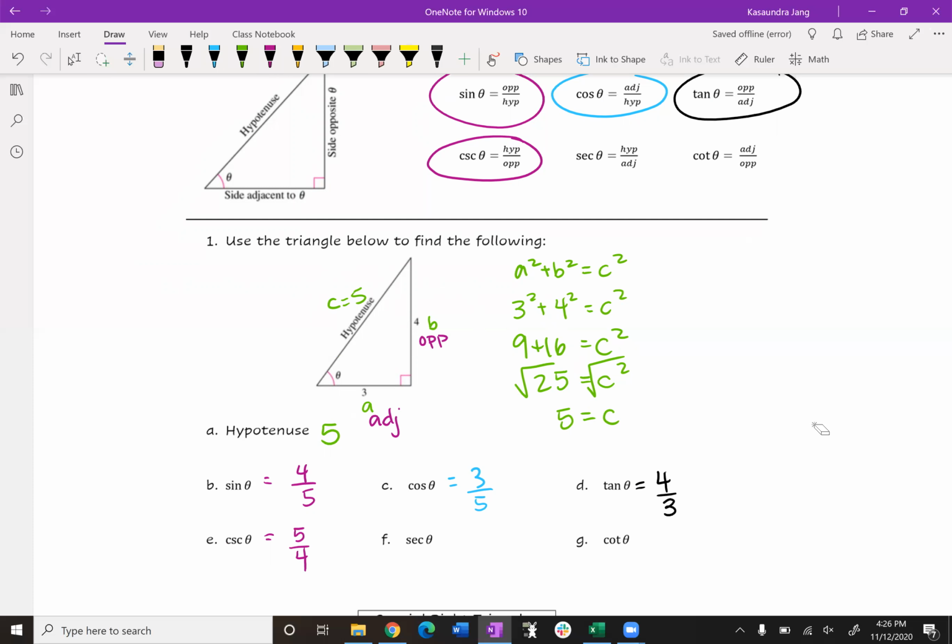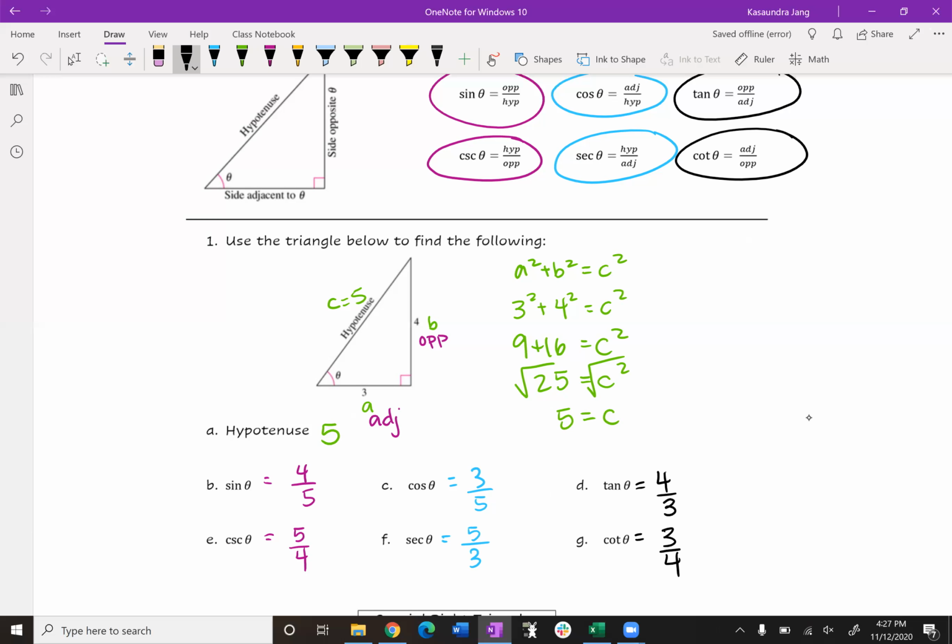And then the reciprocal of cosine is secant. Instead of adjacent over hypotenuse, it's hypotenuse over adjacent, which in this case would be hypotenuse 5 over adjacent 3. It's 5/3. And then my cotangent is the reciprocal of tangent. So instead of opposite over adjacent, it's adjacent over opposite. In terms of the 4/3, the reciprocal would be 3/4.